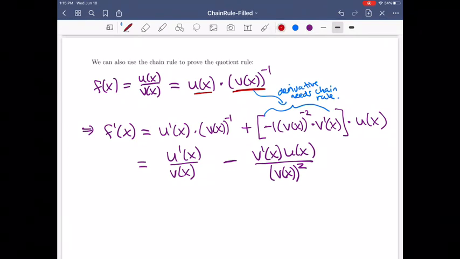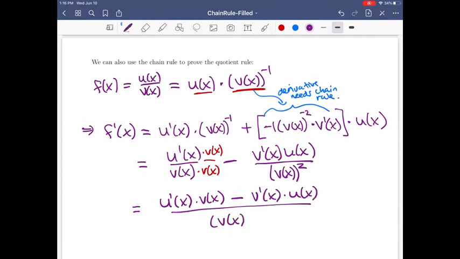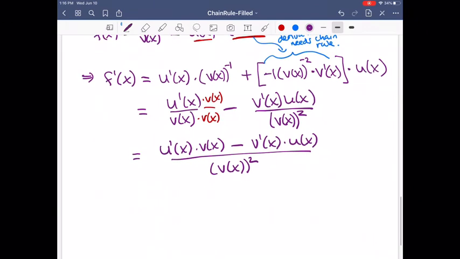Now I just want to make a common denominator, so I multiply by v of x over v of x, our fancy 1. So I'm going to have u prime of x times v of x minus v prime of x times u of x, all over the bottom squared. This is the statement of the quotient rule.